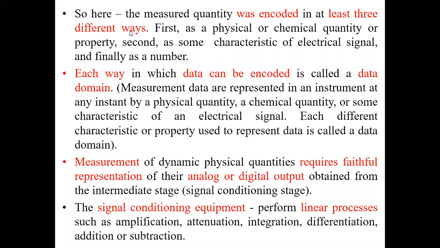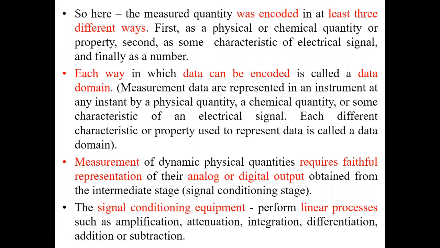The first is that the physical or chemical quantity is converted into an electrical signal, and finally it is converted into a number. So it was encoded a minimum of three times. In each stage, data is encoded, and therefore it is called the data domain.